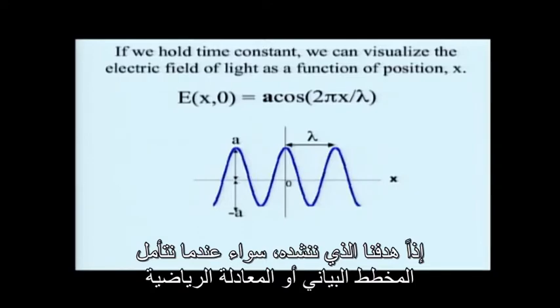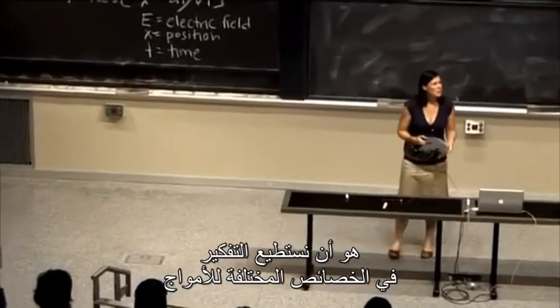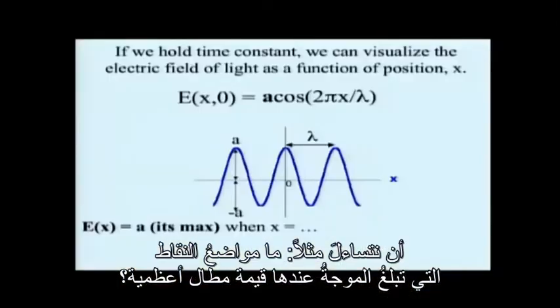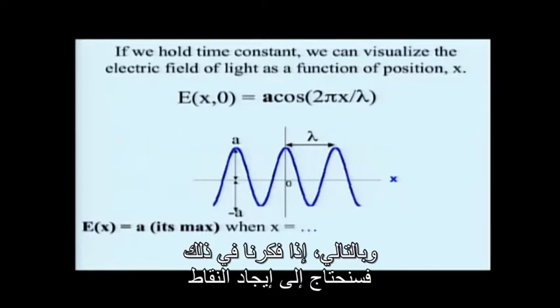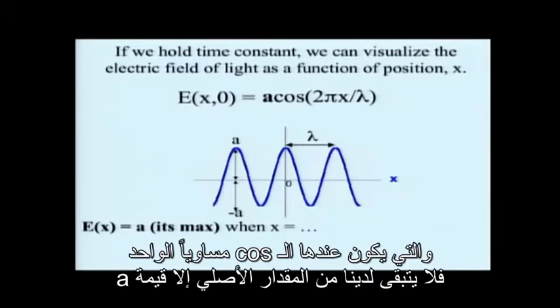So what we want to be able to do, either when we're looking at the graph or looking at the equation up there, is to think about different properties of the wave. For example, to think about at what point do we have the wave where it's at its maximum amplitude. So if we think about that, we need to have a point where we're making this argument of the cosine such that the cosine is equal to 1, so all we're left with is that A term.